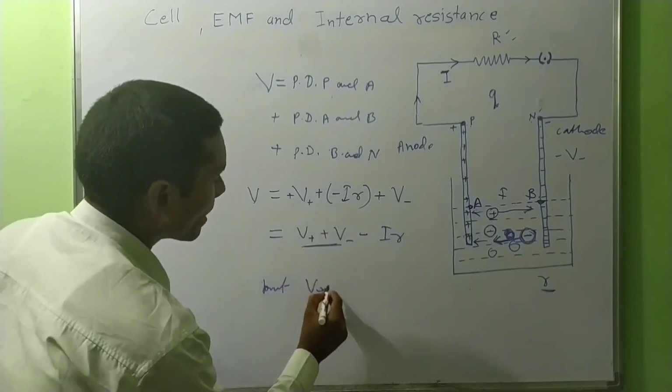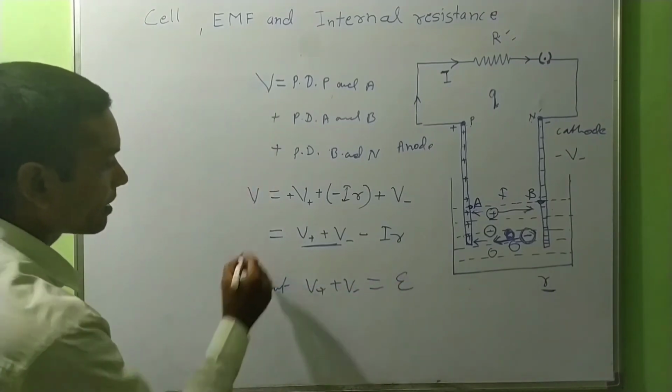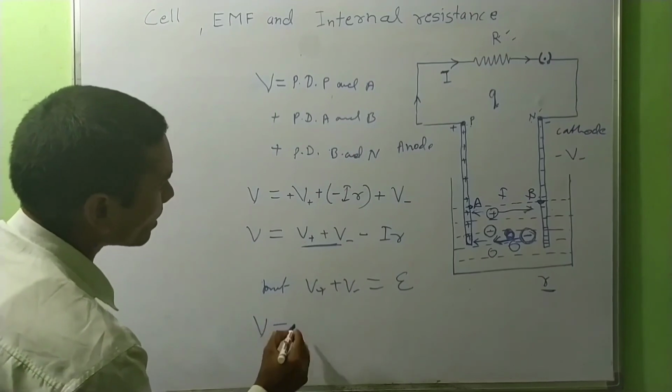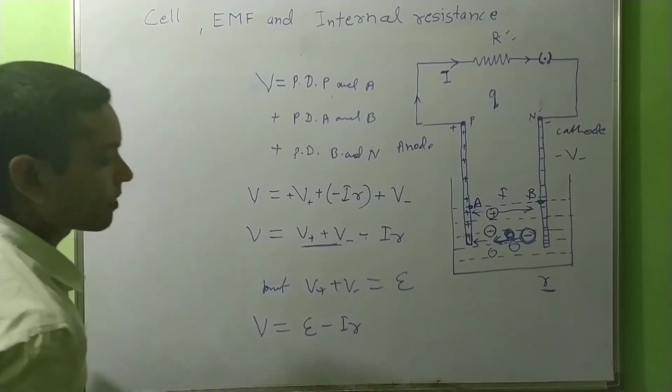But V plus plus V minus equals epsilon. That's why V will be equal to epsilon minus I into r.